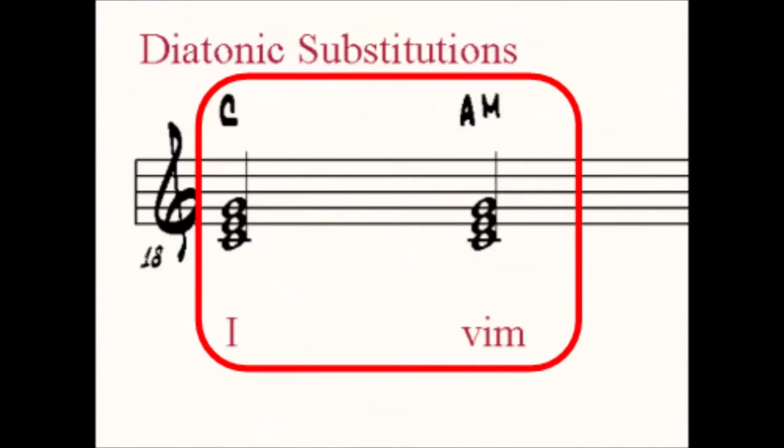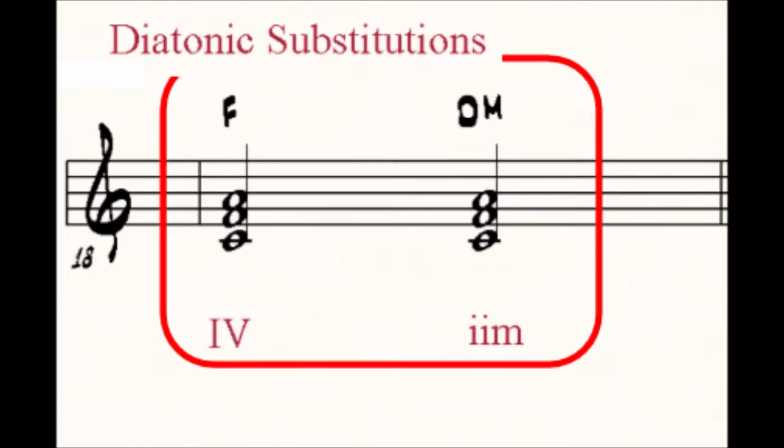But now, remember I talked before about substitutions within the diatonic major scale. C has the substitution of the A minor. See, it's minor, but it still has that flavor from the major. The F has the D minor as the substitution because it still has the F and the A as the dominating feature.